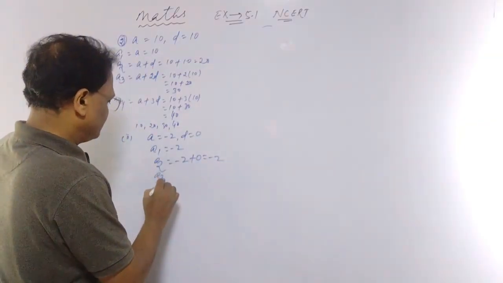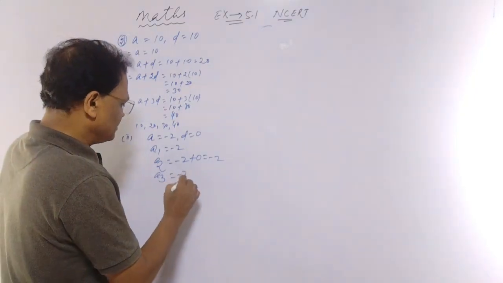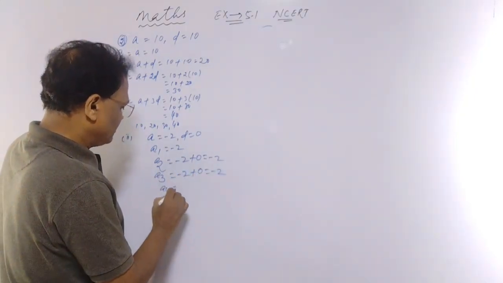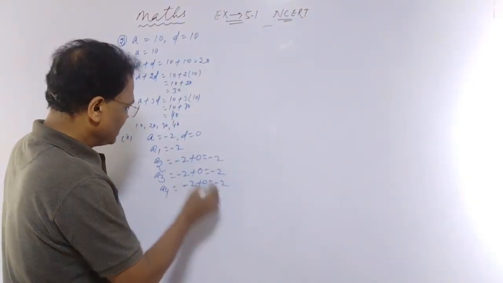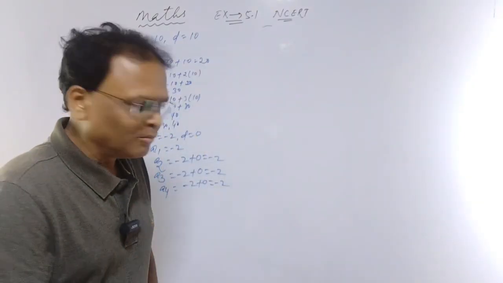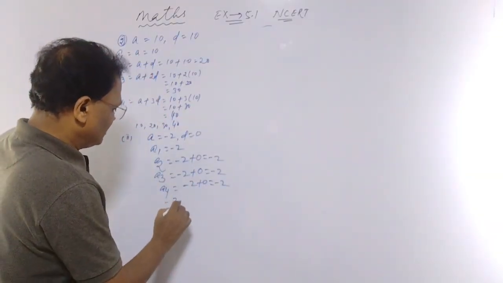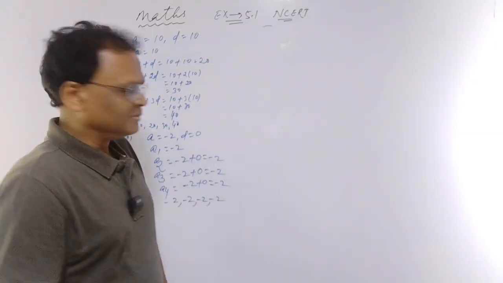A3 is A2 plus D. What is your A2? A2 is minus 2 plus D is 0. That is minus 2. A4 is A3 plus D. What is A3? A3 is minus 2 plus 0. That is minus 2. All the four terms are exactly equal: minus 2, minus 2, minus 2, minus 2.